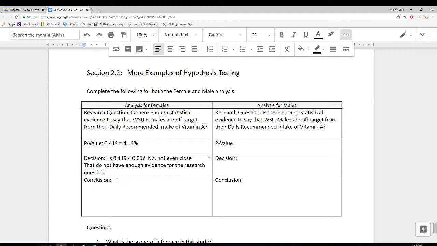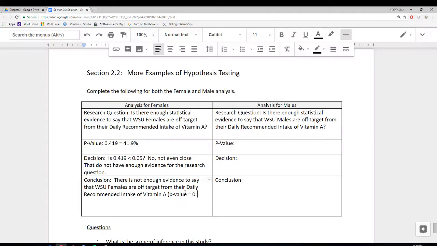Let's go ahead and write a conclusion. Recall the three components. The first here is there is not enough evidence to say, that's the first component. We can get the research question, and the research question was that WSU females are off target from their daily recommended intake of vitamin A. So we do not have enough evidence in this situation to support that statement.